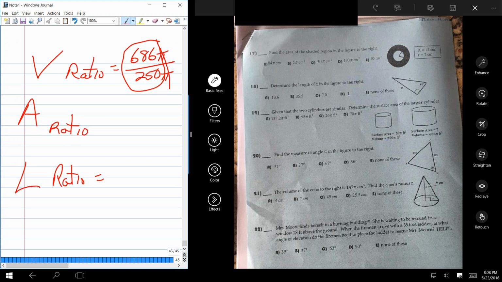To take a cube root of something, I'm going to raise it to the 1/3 power. So I'm going to take 686 and divide it by 250. That is equal to, interesting, 343 over 125.